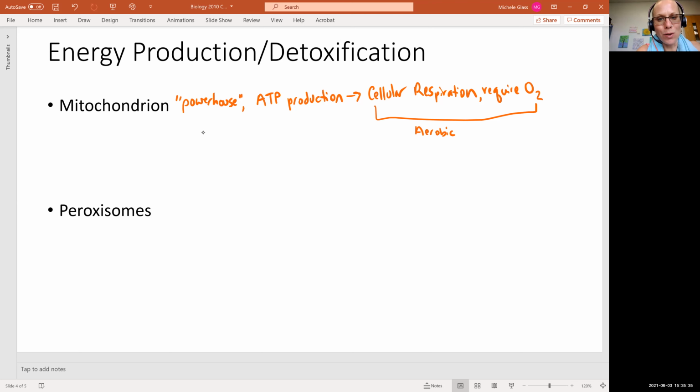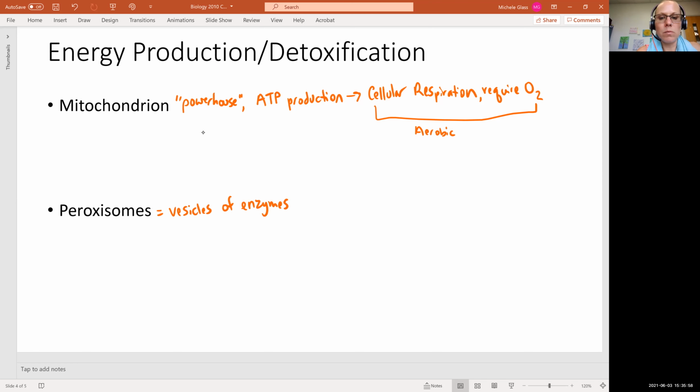Now, peroxisome has that some ending, which again means body, but here it has perox at the beginning, as in hydrogen peroxide, actually. So peroxisomes are going to be vesicles of enzymes, similar to what we saw with the lysosome.